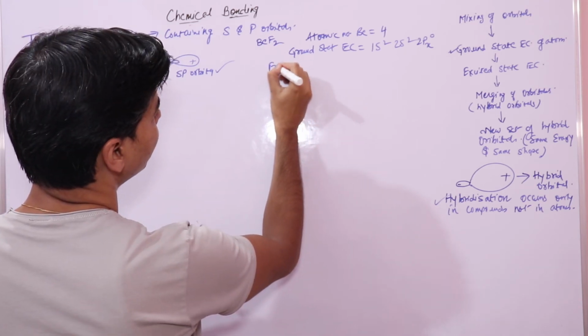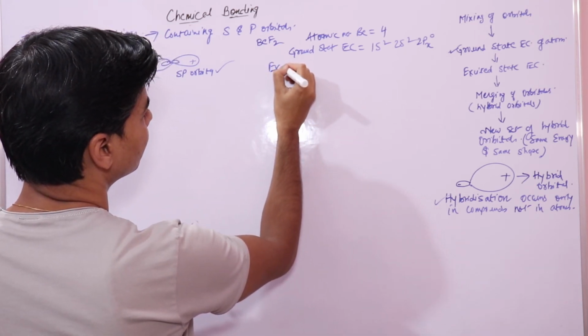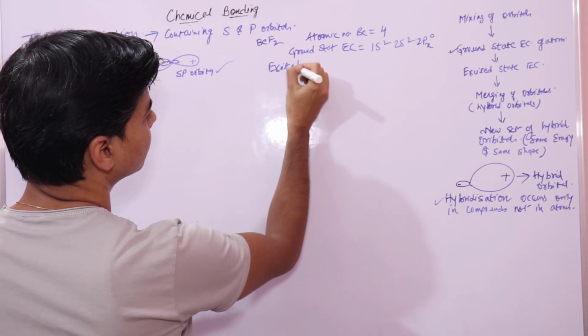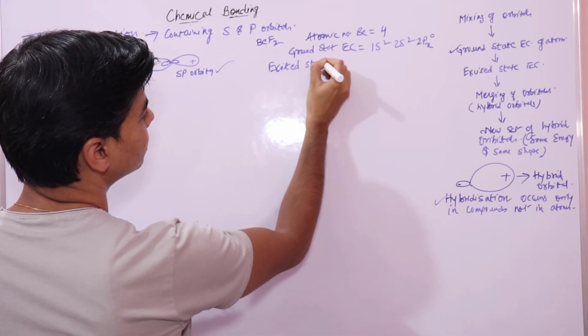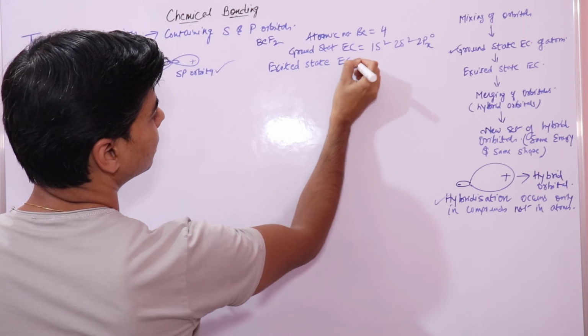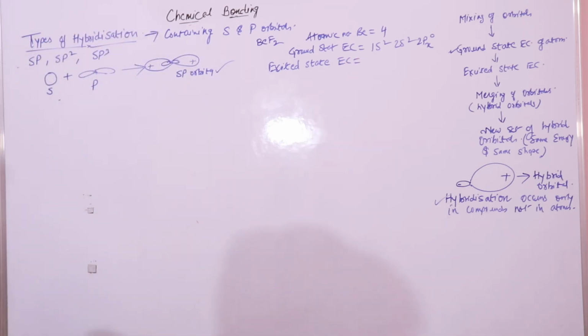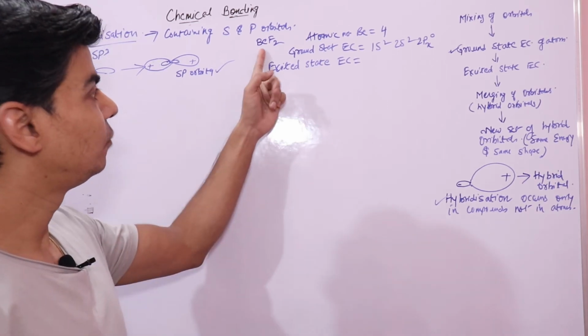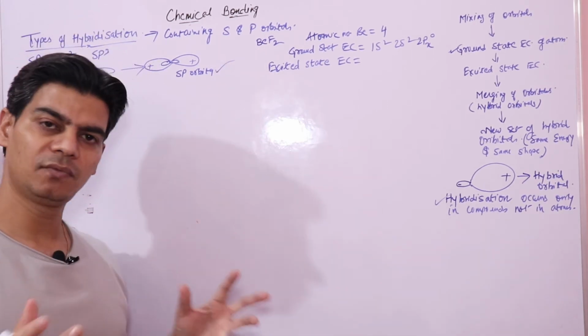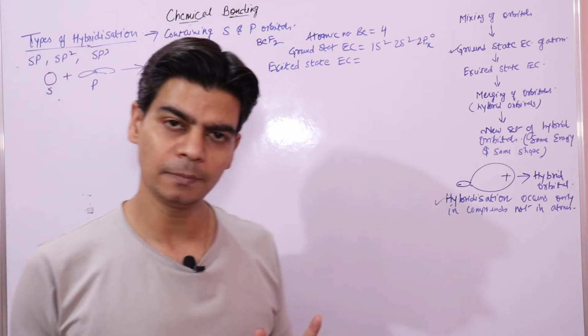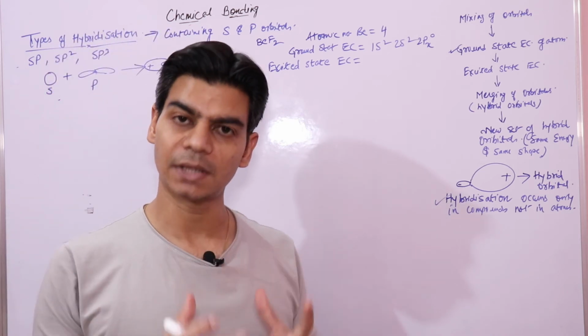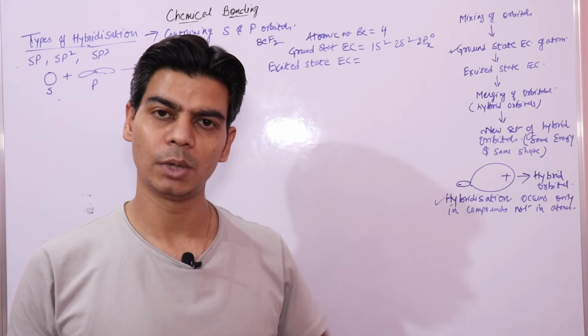Now we will be writing the excited state electronic configuration. When beryllium fluoride forms, beryllium and fluorine atoms will come close to one another, right, and there is an attractive interaction like what we have studied in covalent bonding.